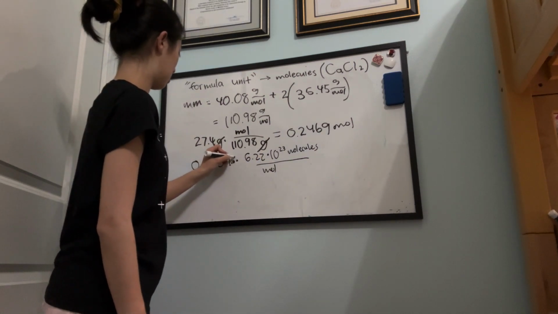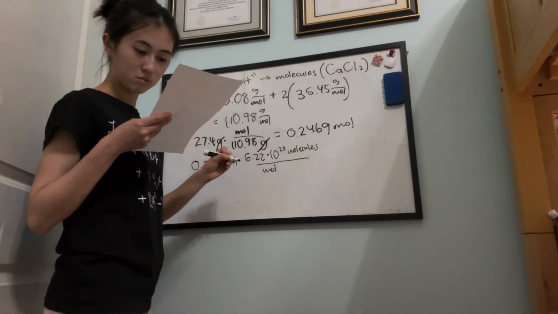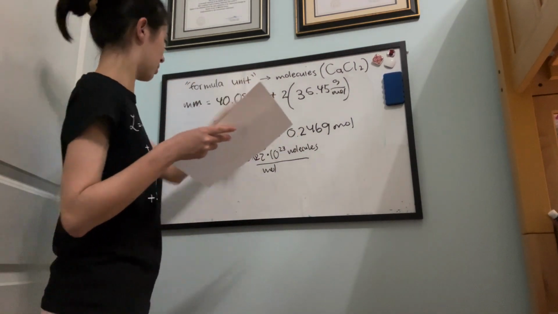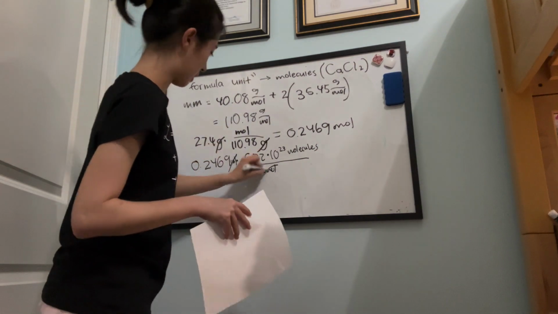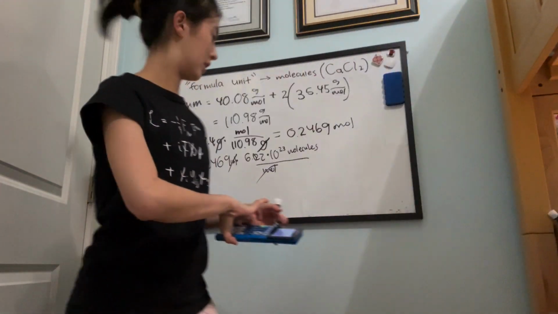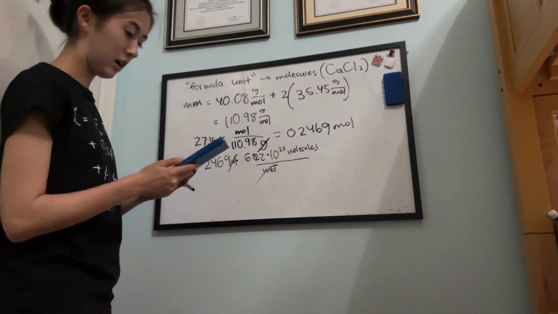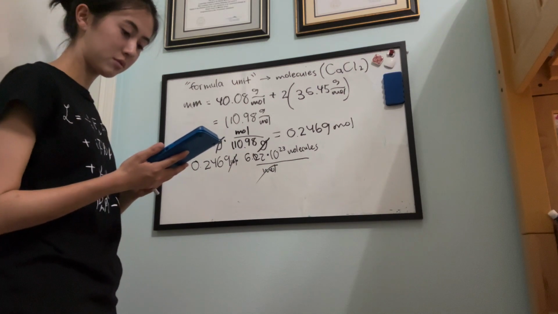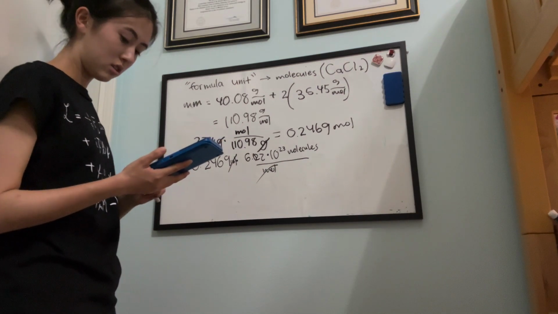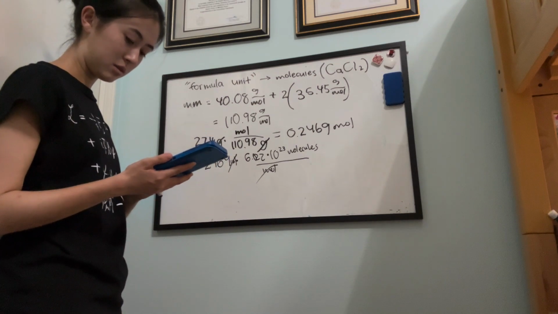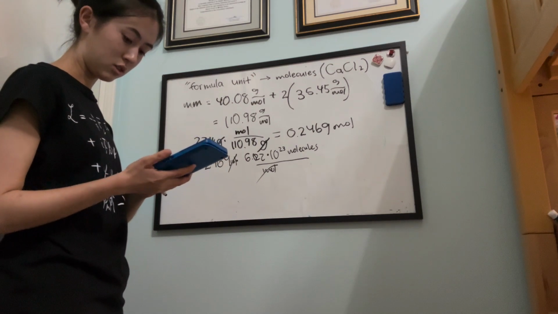That was close. So molecules cancel out, moles cancel out, and then we are left with that number times Avogadro's number, 6.022 times 10 to the 23rd.